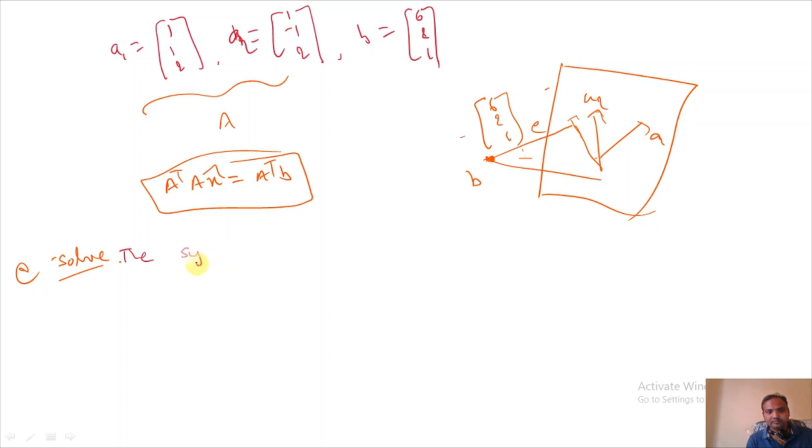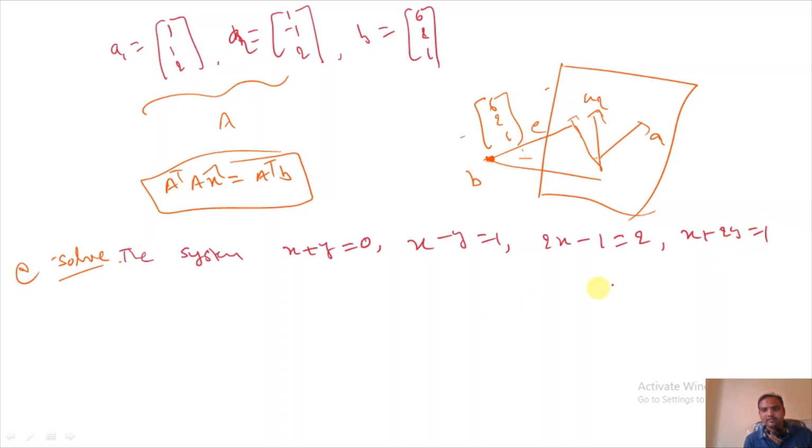So this system: x plus y is equal to 0, x minus y is equal to 1, 2x minus y equal to 2, and x plus 2y is equal to 1. Solve this system. This means 2 unknowns, 4 equations. This system has no solution.